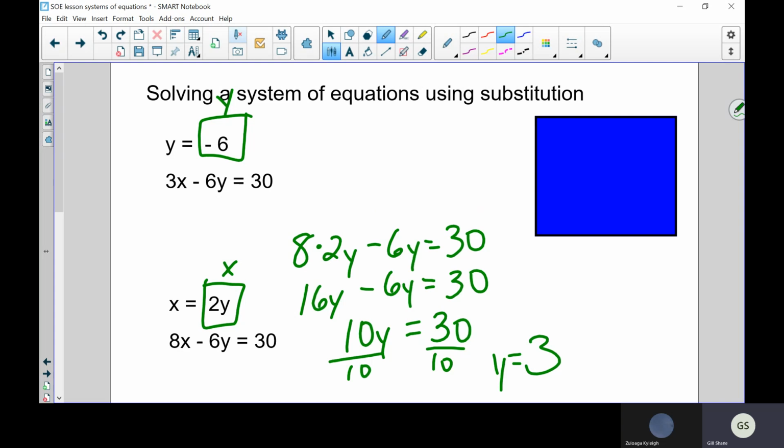Kind of doing the same thing I did a second ago, only with a number. If I know y is 3, then x equals 2 times 3. I just replaced this y with that 3, because that's what y equals. So x then is 6. Y is 3, x is 6.